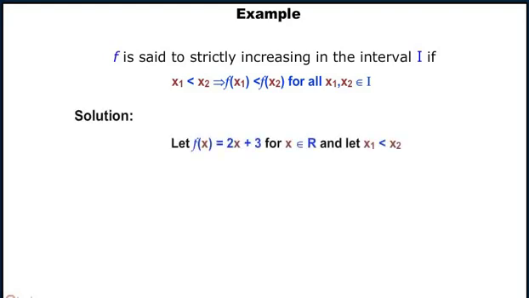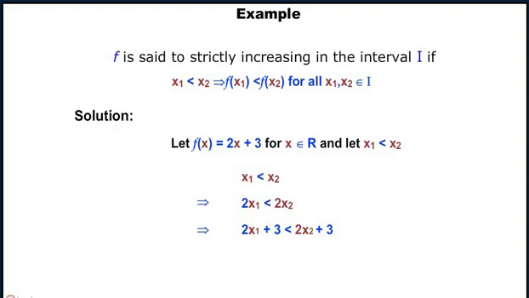Let's see the solution. Consider f(x) equals 2x plus 3 for all x belonging to R, and let x1 less than x2. Now multiplying 2 on both sides, we get 2x1 less than 2x2.